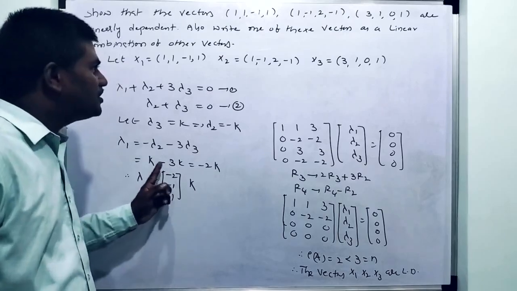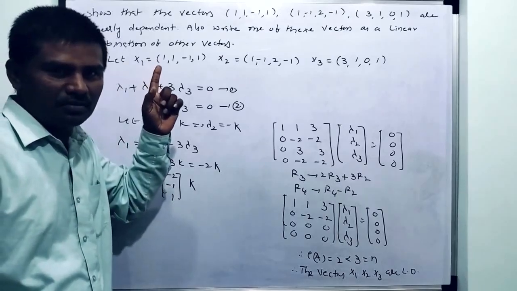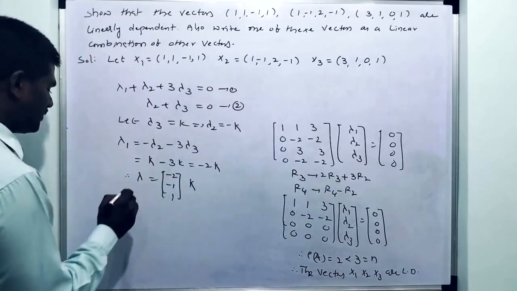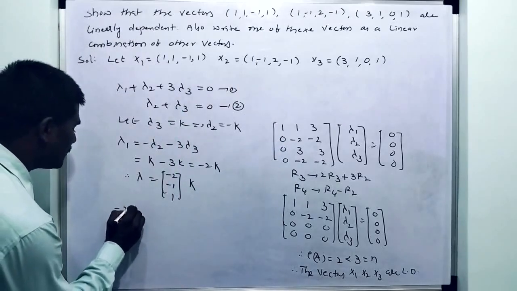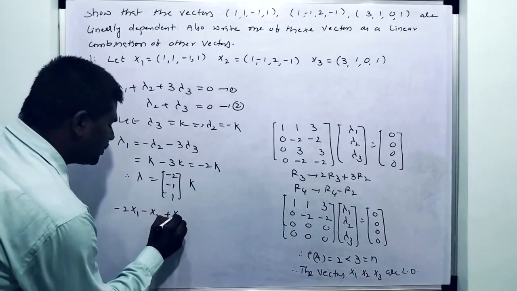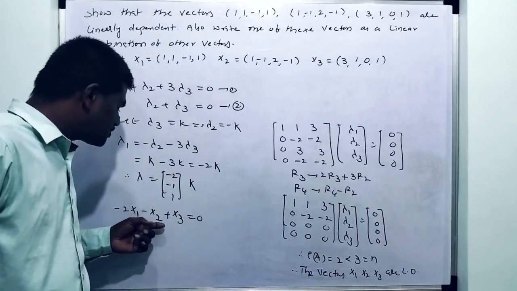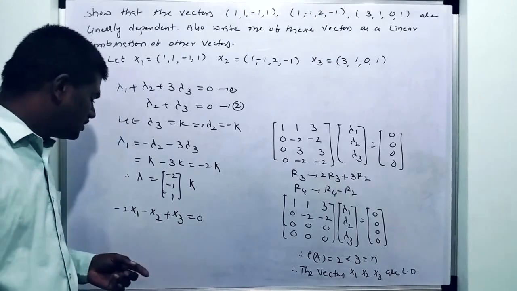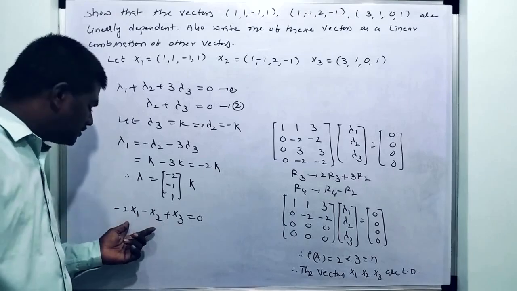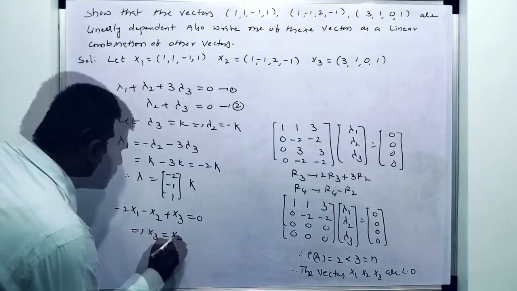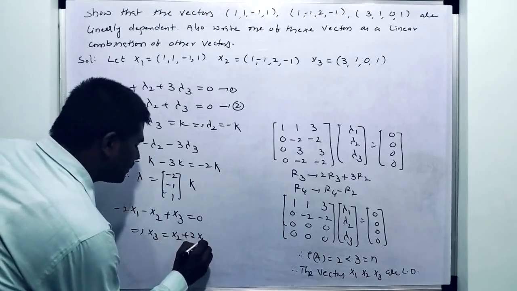Let us substitute these values in the linear combination, which was equal to 0. That means minus 2x1 minus x2 plus x3 equal to 0. Just take these two terms to the other side: x3 is equal to x2 plus 2x1.